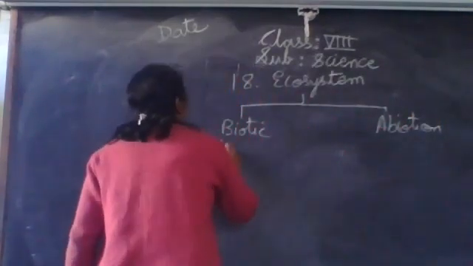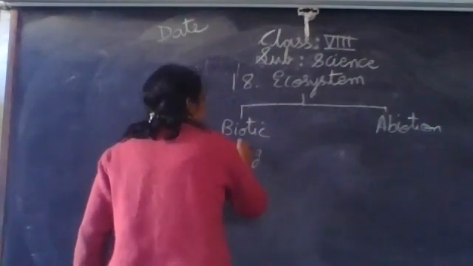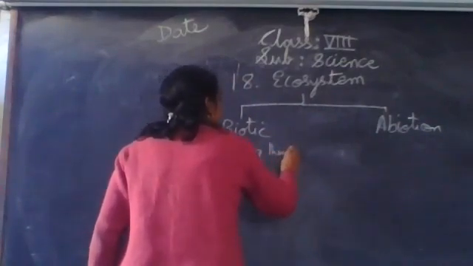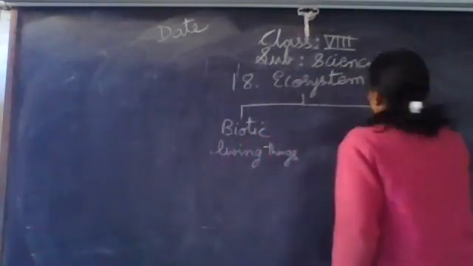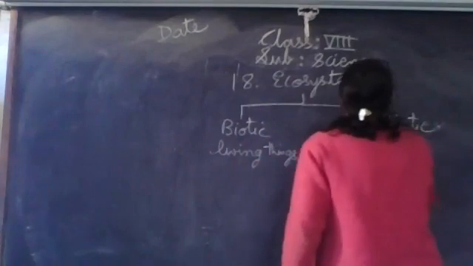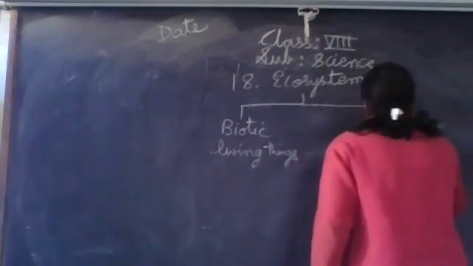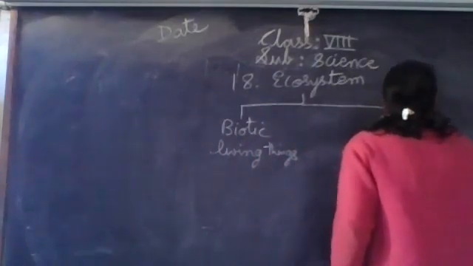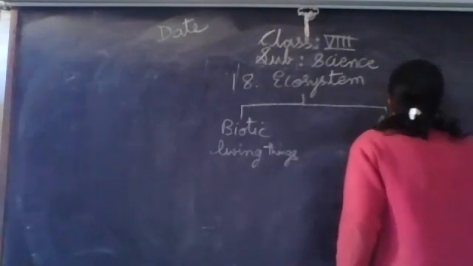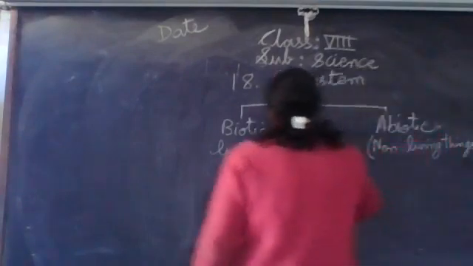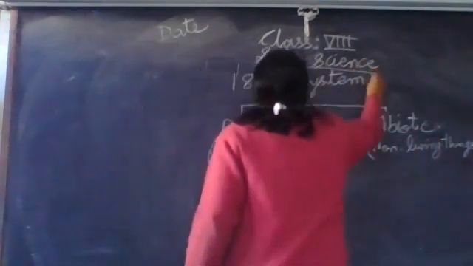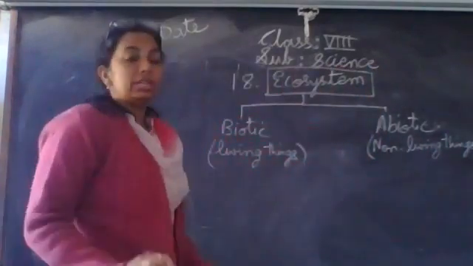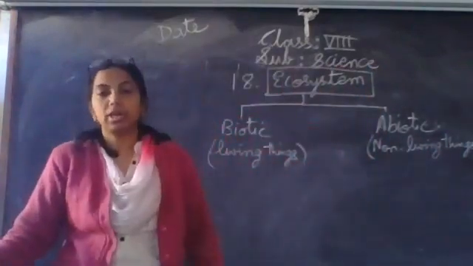Biotic means the living things, and abiotic means the non-living things or organisms or objects. So these are the two main parts of any ecosystem. Okay.